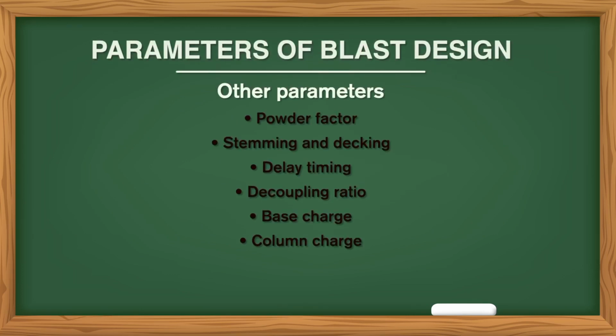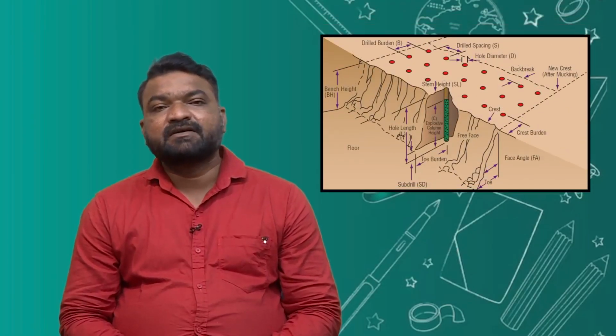Parameters of blast design. Other parameters are powder factor, stemming and decking, delay timing, decoupling ratio, base charge, and column charge. Look at the figure.